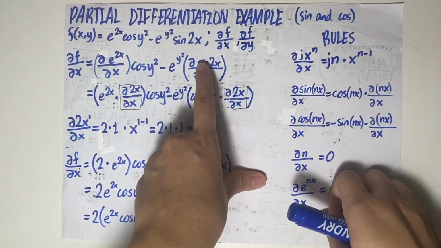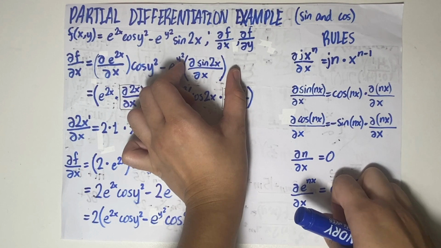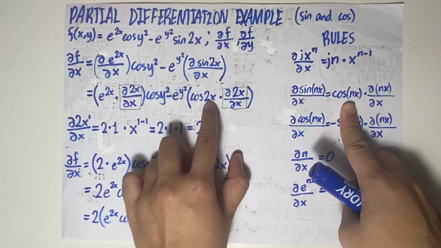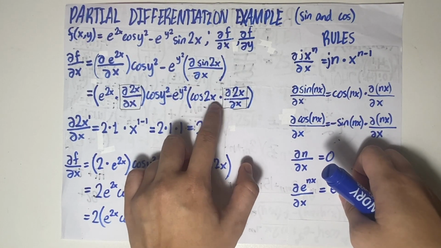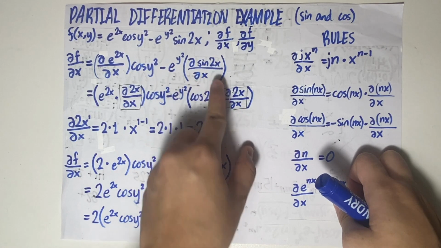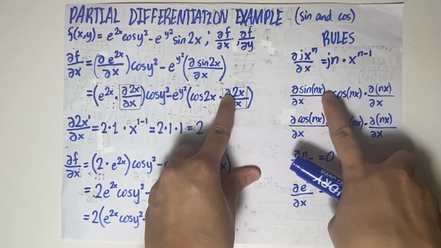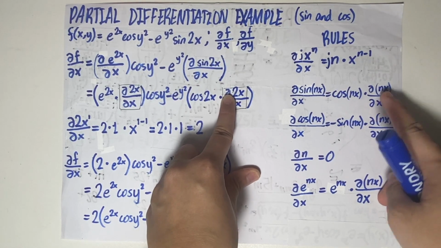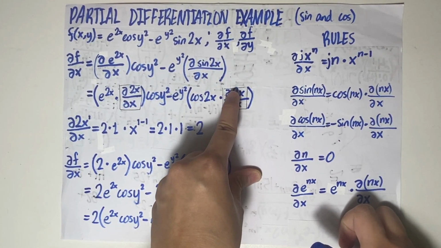In our example, we have sine 2x, so the derivative of sine 2x is equal to cosine 2x times the derivative of 2x. You can see here nx, derivative of nx, 2x, derivative of 2x over here.